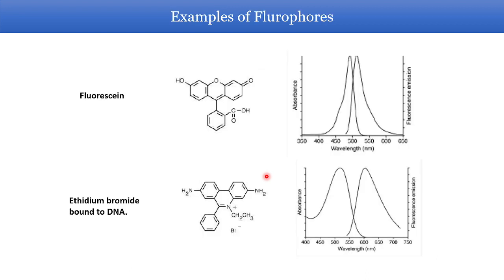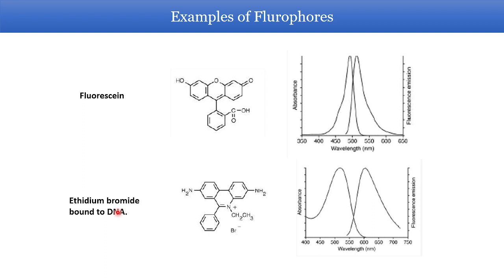Now these are the examples of different fluorophores that we have over here. One is fluorescein, and the other one is ethidium bromide bound to DNA. Fluorescein has an absorption at around 480 and emits at around 520.